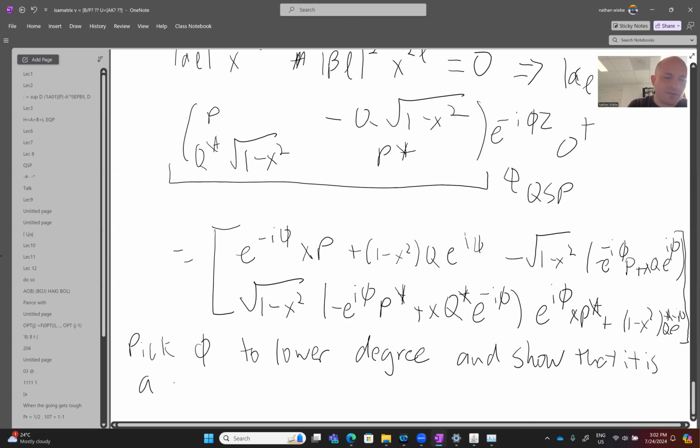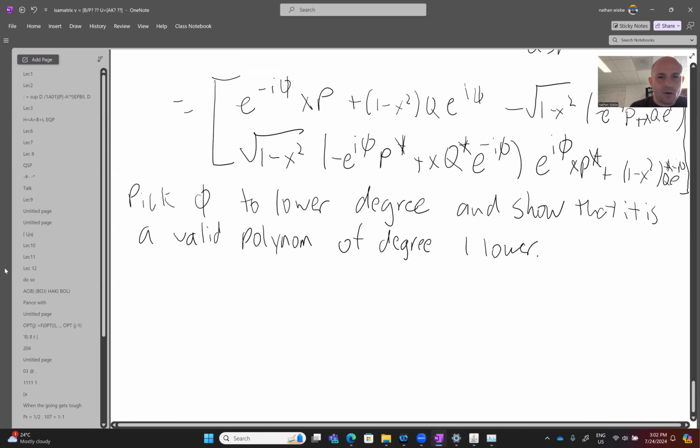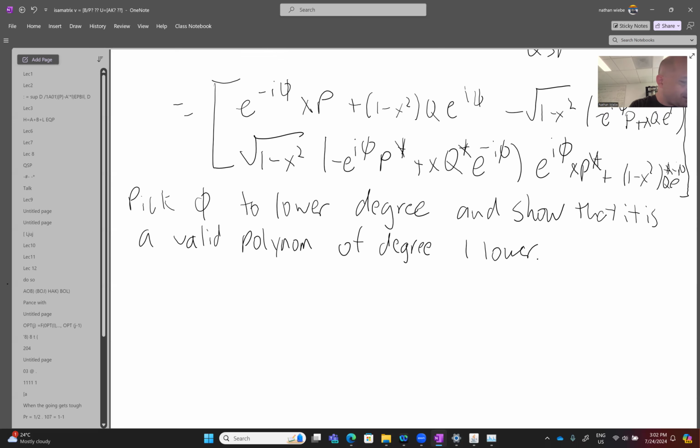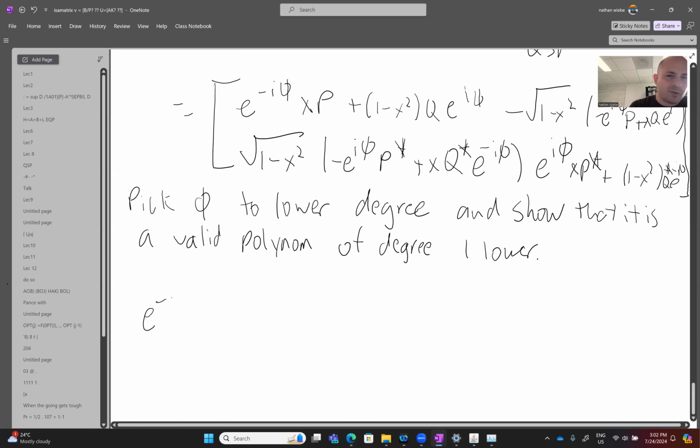So we can see that the coefficient that we get from the expansion of p will be removed if we take the leading order terms in the p's and the q's and get them to cancel, which will be e to the minus i phi alpha L minus e to the i phi beta L minus 1.